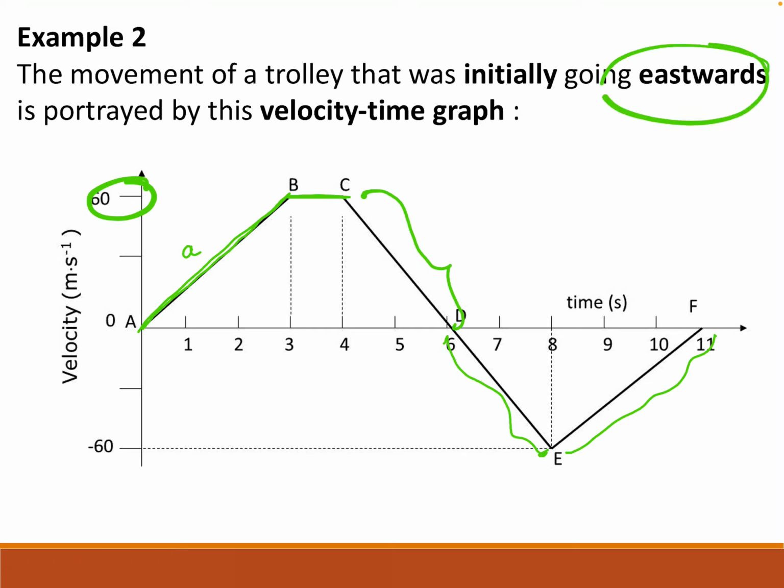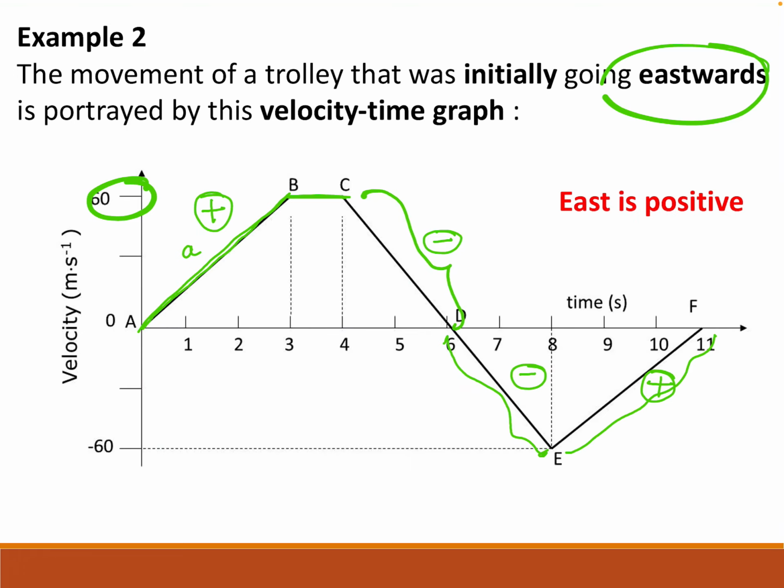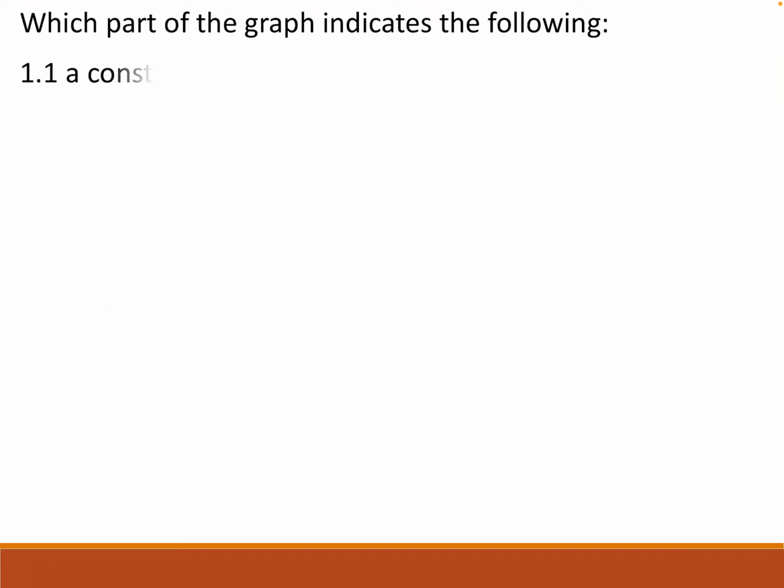It's initially going east, so this is positive and that's going to the east. This is also a positive gradient, so it's going east, minus, and minus. So A to B, D to E to F, it's got a positive acceleration. C to E, it's got a negative acceleration.